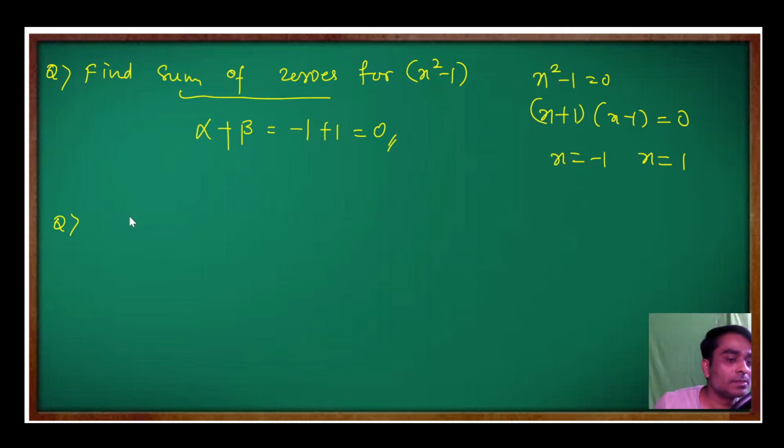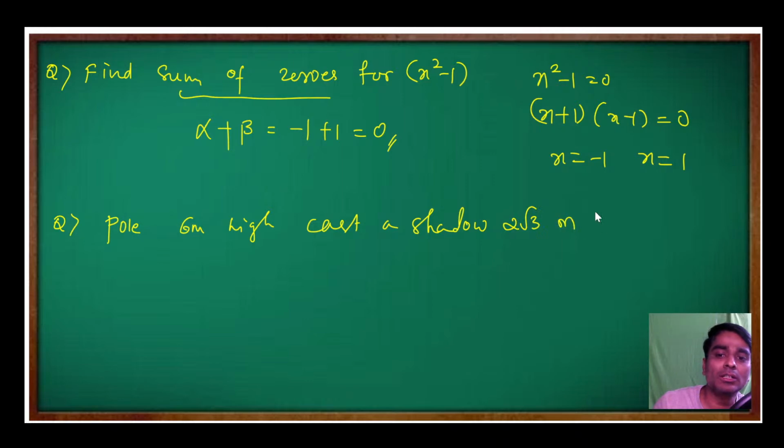If a pole 6 meter high casts a shadow 2 root 3 meter long, then the sun's elevation is question mark.